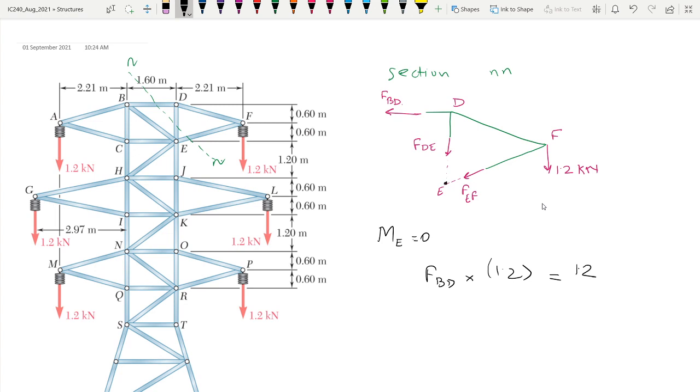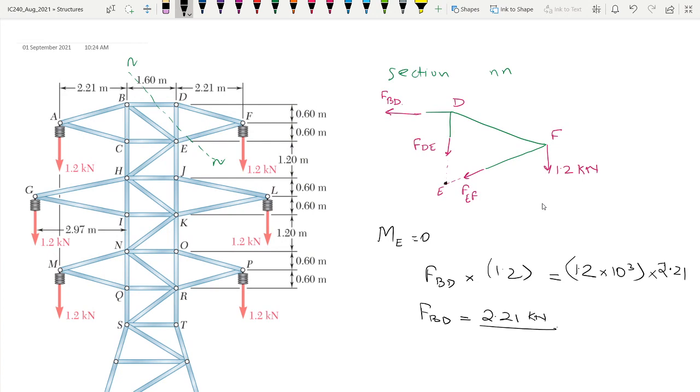So I'll write 1.2 into 10 to the power 3 kilonewtons, multiplied by the horizontal distance, and this horizontal distance you can see here is 2.21, right? So multiplied by 2.21, and the 1.2 cancels, so FBD is 2.21 kilonewtons, right?